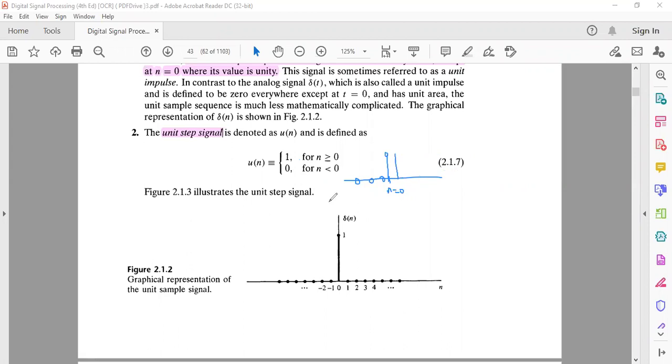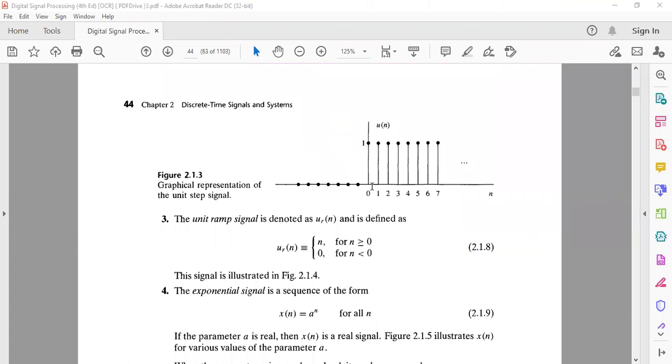We're looking at the common signals. This is how we graphically represent the unit step. Every other value below 0 is 0, but all values above n equal to 0 are 1.